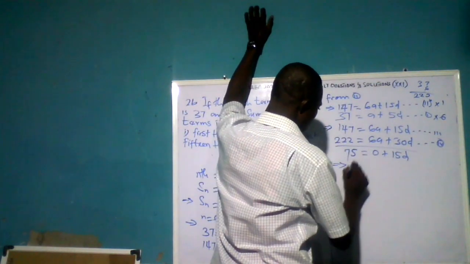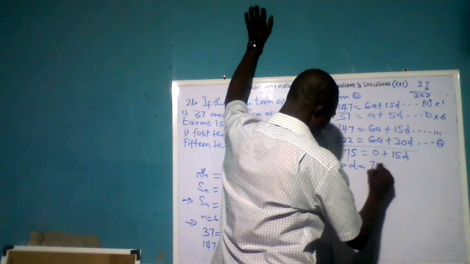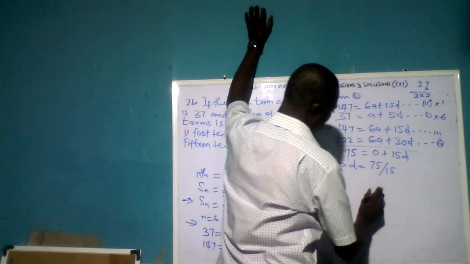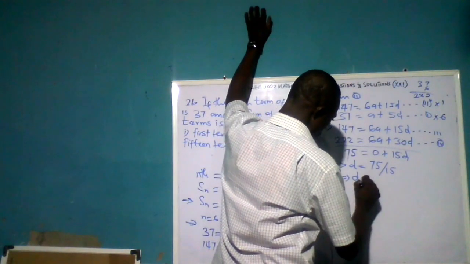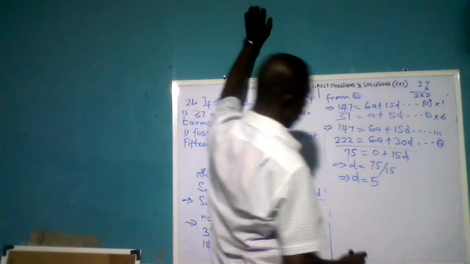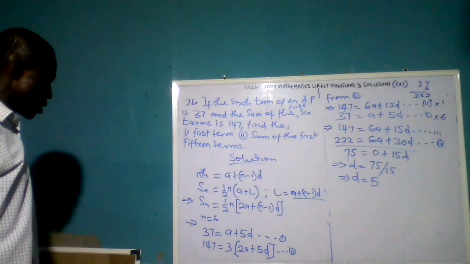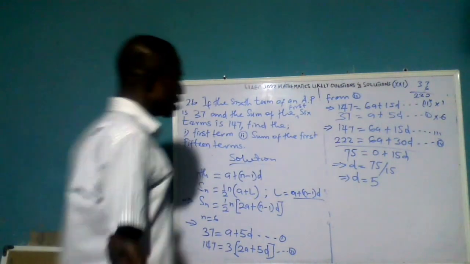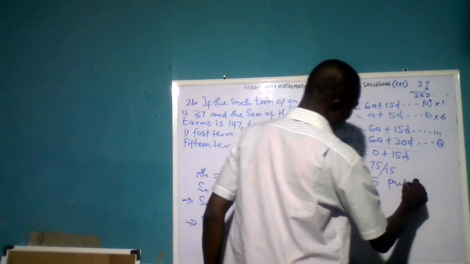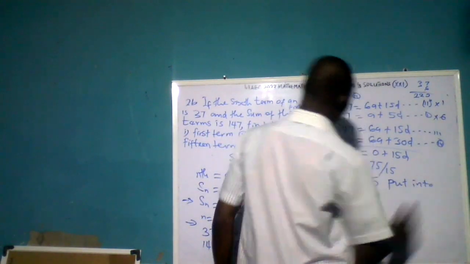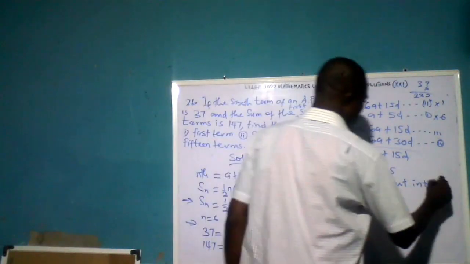Therefore, it implies that d is equal to 75 over 15. And that will give you d to be equal to 5. That's the common difference. Substitute back this value, put it into equation 1.